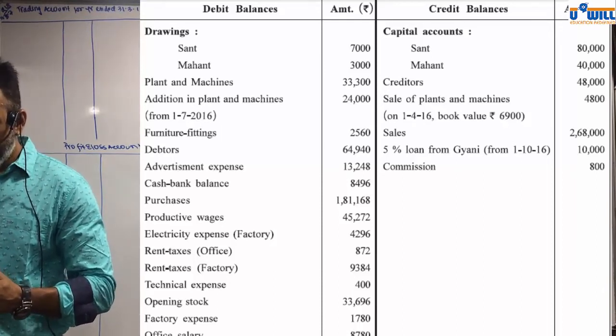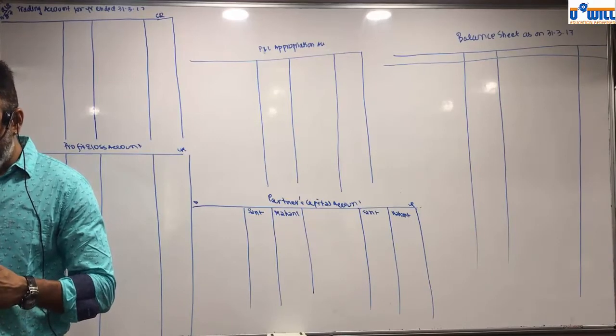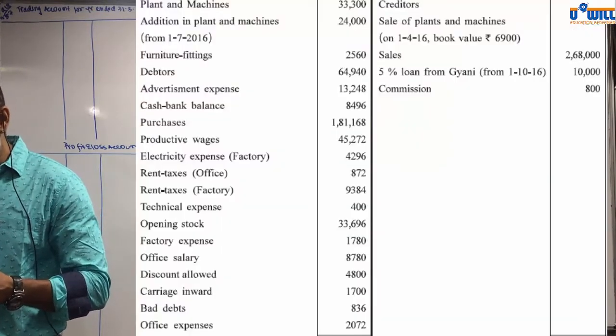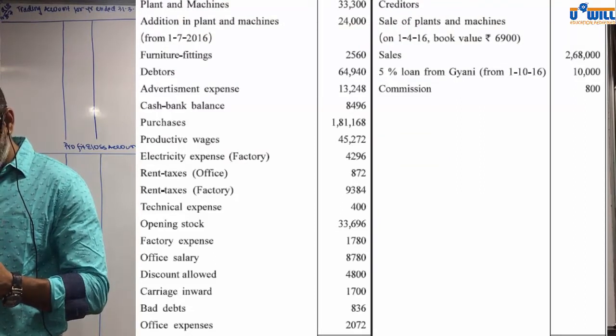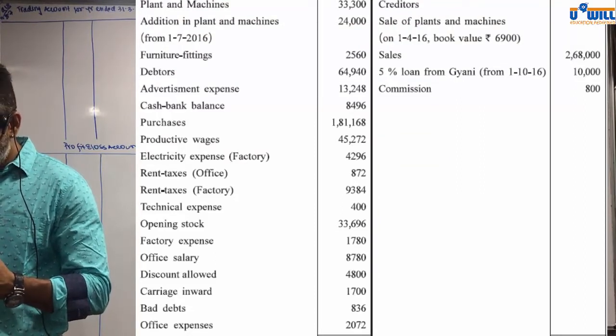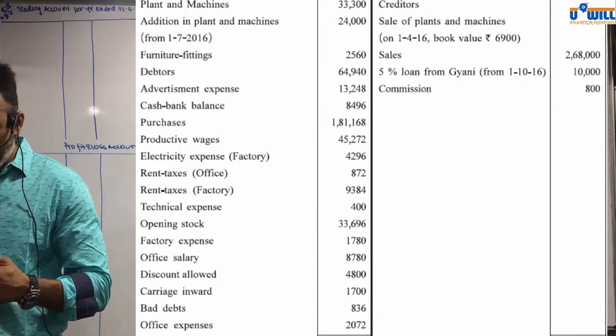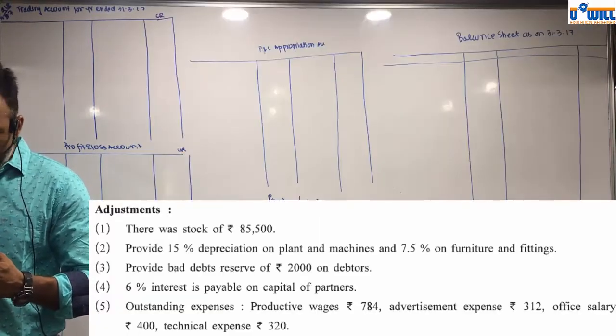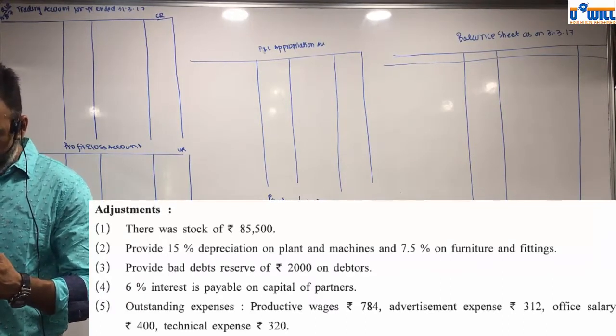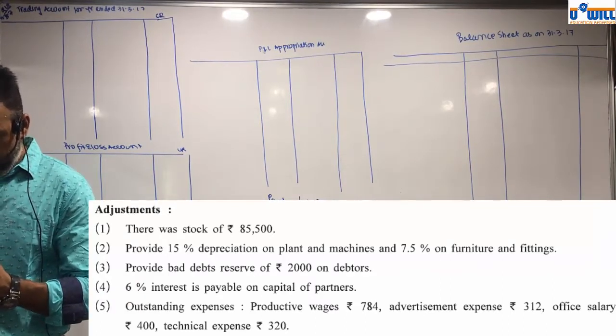Sales, trading. 5% loan from Gyani from 1.10.16. So we have to check, do we have interest anywhere on the right hand or the left hand side? No. So we have to provide interest. Tick it, hidden adjustment, and commission. Stock, depreciation on plant and machinery, tick. Furniture and fittings, tick.